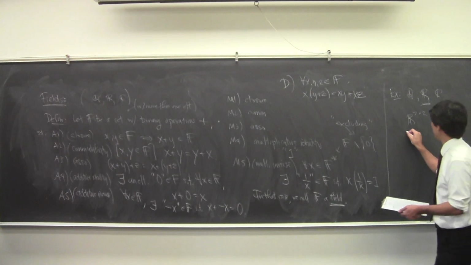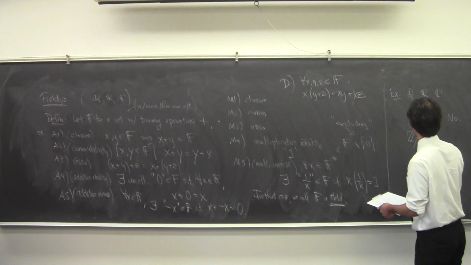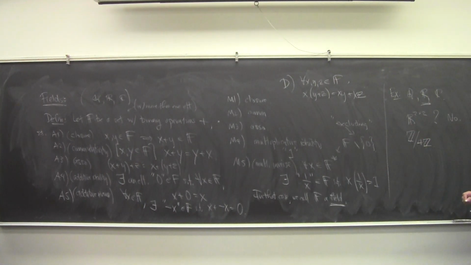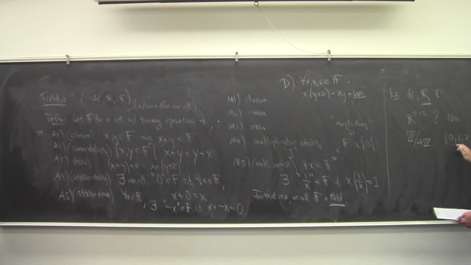What if I ask you about Z mod 4Z? Z mod 4, so the numbers are 0, 1, 2, 3, where if you add them, you loop back to 0. Like 3 plus 1 is 0.